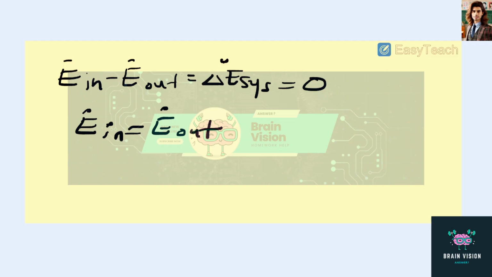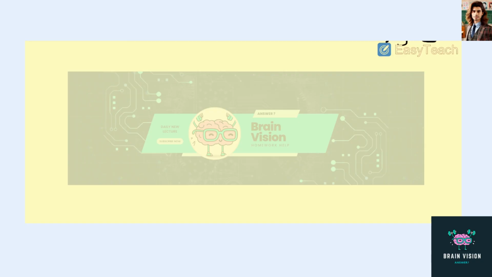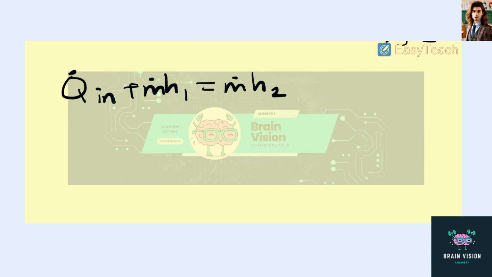Now, we can look at the properties of water as well. The heat of vaporization of water at 50 degrees C, so our hfg, will be equal to 2,382 kilojoules per kilogram. And our specific heat of water is equal to 4.18 kilojoules per kilogram degree C. So by taking the energy balance that we have, the heat coming in to the cold water tubes plus the incoming enthalpy of the cold water is equal to the exiting enthalpy times the mass.